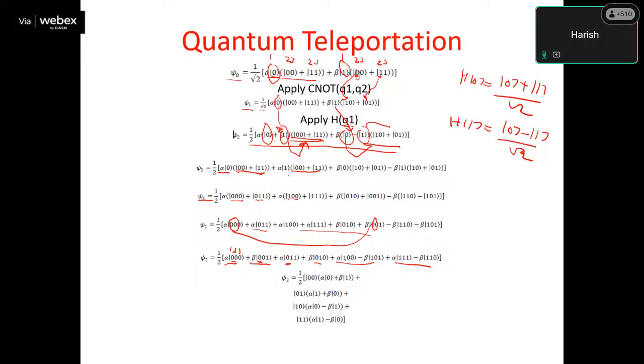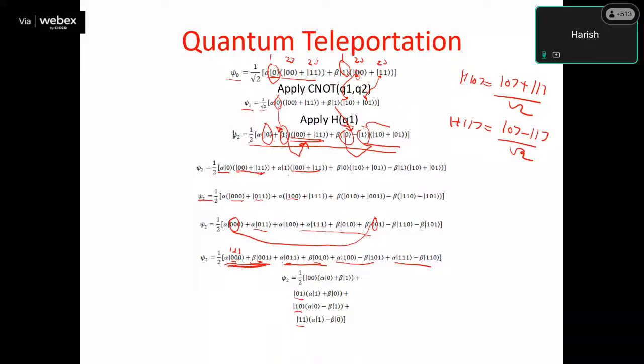Now we take out whatever the first two qubits have in common. Here the common term is 00, so we take that out. Here, if you remember, the first two qubits 01 are the same, so we take that out. And likewise 10 and 11. So what we did is some multiplication and rearrangement, and we take the first two qubits outside whenever they are the same.